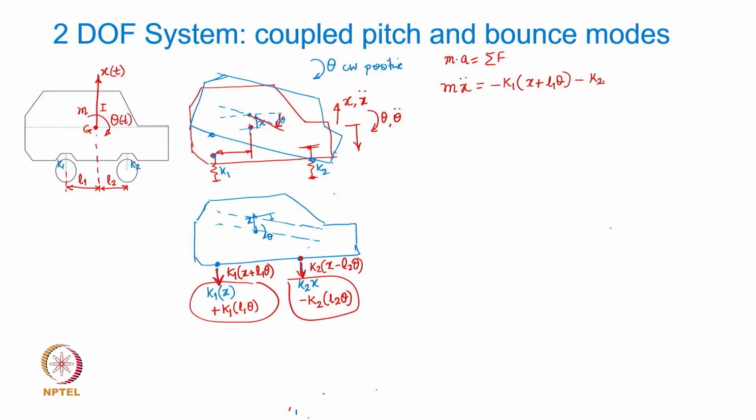The second one is K2 into x minus L2 theta.